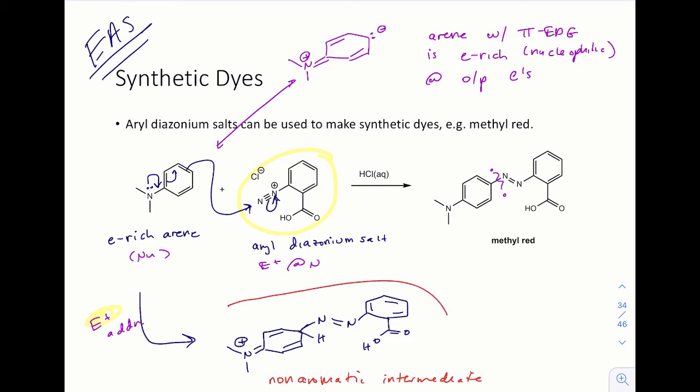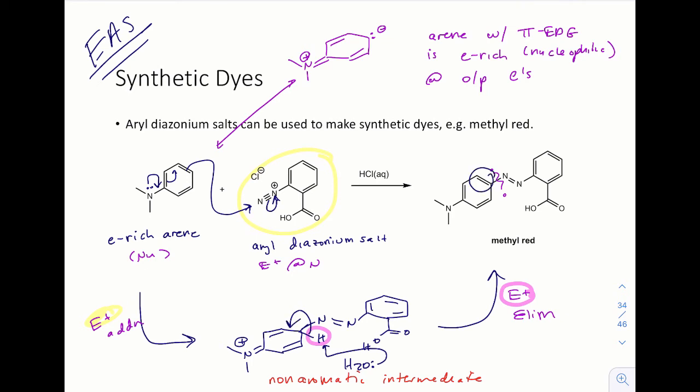As in all electrophilic aromatic substitution reactions, a non-aromatic cationic intermediate is formed and can be described by resonance structures. I have, however, drawn the most stable one. An electrophile elimination step, which in this case is facilitated by the solvent water, deprotonating, these electrons coming, forming this pi bond. These slide over to here.